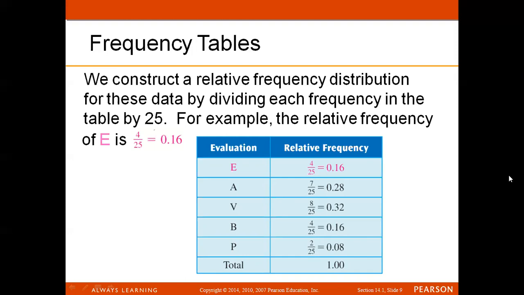V has a relative frequency of 8 divided by 25. B has a relative frequency of 4 divided by 25. And P has a relative frequency of 2 divided by 25. If you sum the total of the relative frequencies, your total will sum to 1.